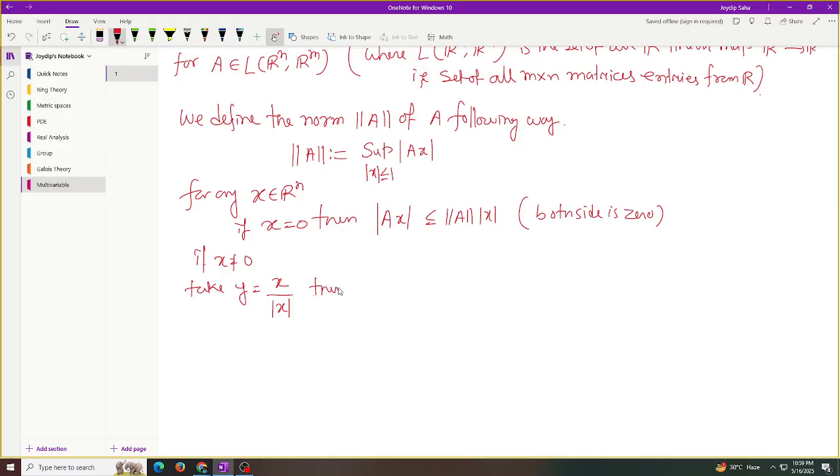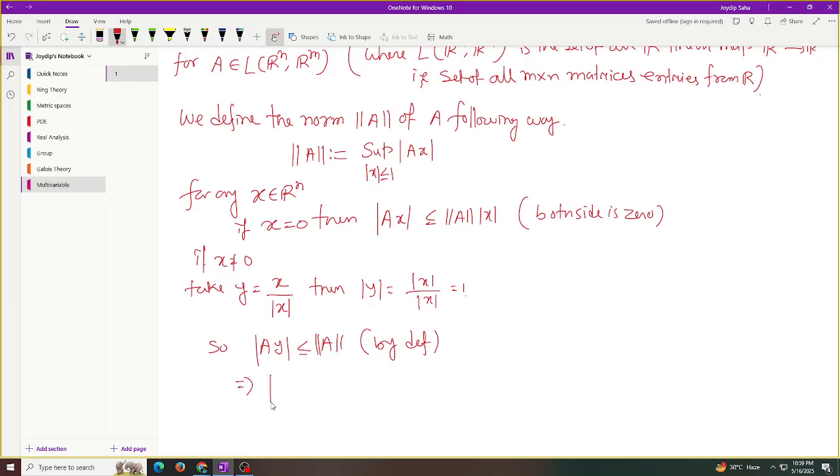Then mod y is 1. So mod Ay is less than or equal to norm A, because it is the supremum by definition.